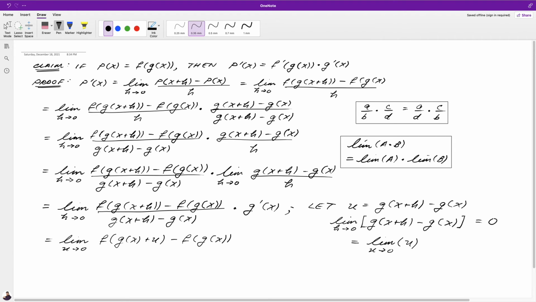Starting to look nice, isn't it? Over u times g prime of x. Now what is this? This is just f prime of g. So we're done. We've got f prime of g of x times g prime of x.